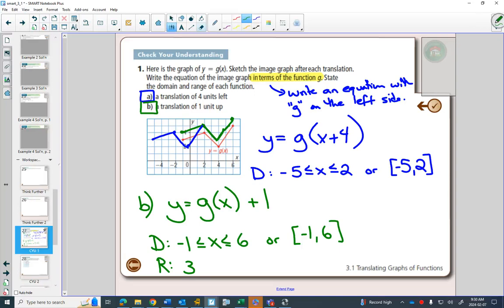Our range for the green one, the smallest y value is 3, and the biggest y value is 6. And then we'll go back to our blue one and do the range for that one. The smallest y value is 2, and the biggest y value was 5.